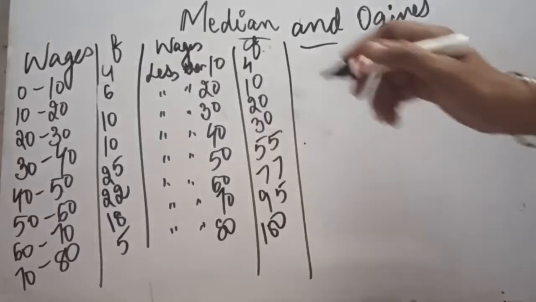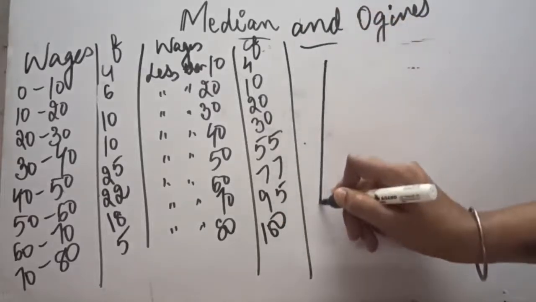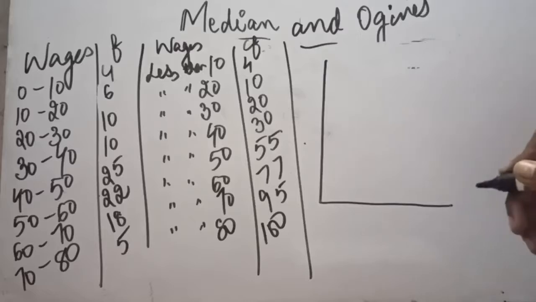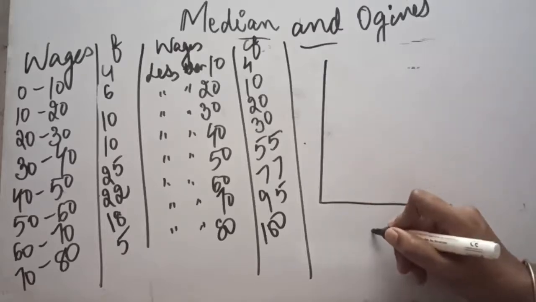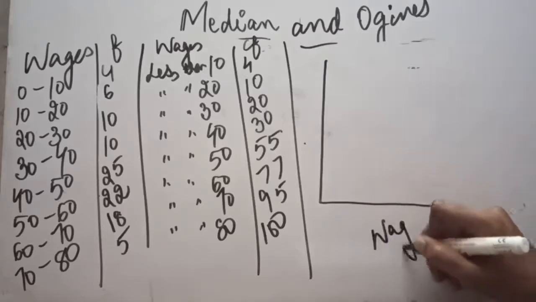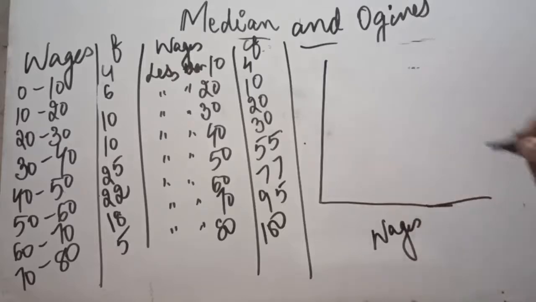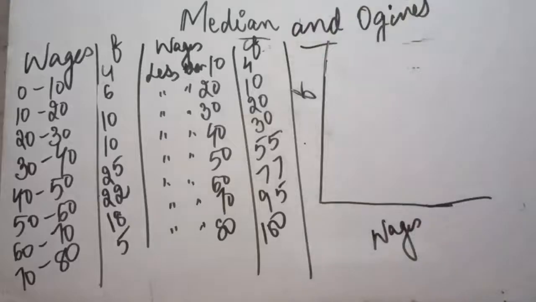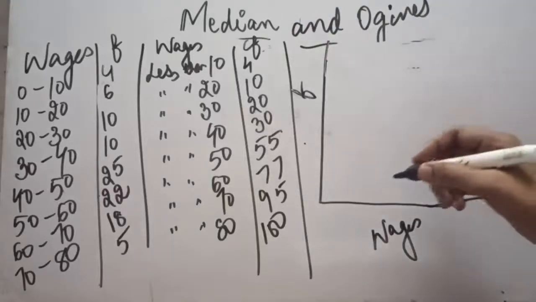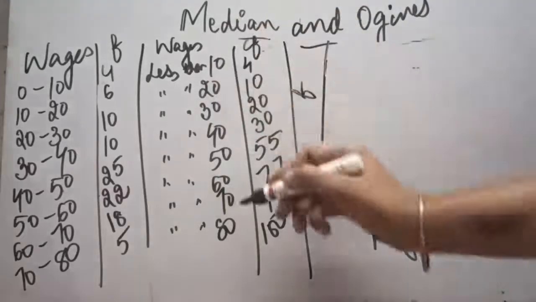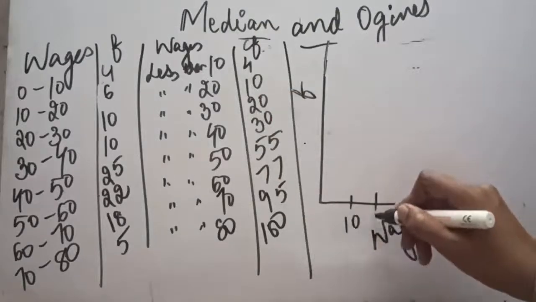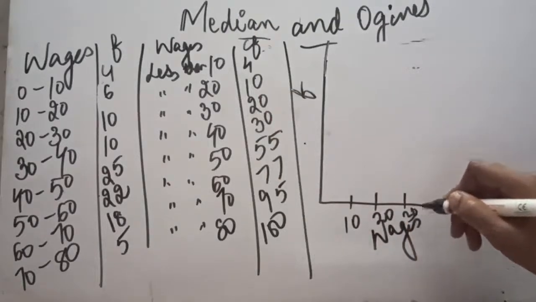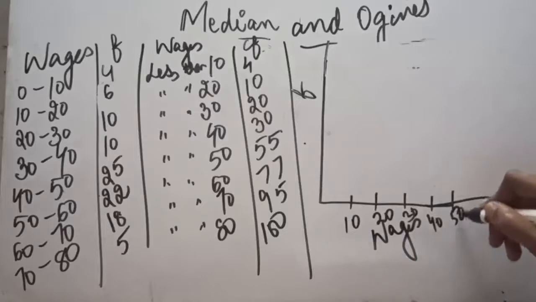Now after calculating the CF, the next step is to plot these points on the graph. Now we are preparing the less than ogive. So here we will show our wages. The class intervals are shown on the x-axis, and on the y-axis the frequency is shown. So anything that has been given will be the frequency. We will see that wages are increasing at the difference of 10, so we can make the points 10, 20, 30, 40, 50, 60 and 70.